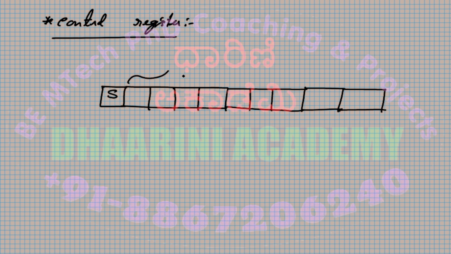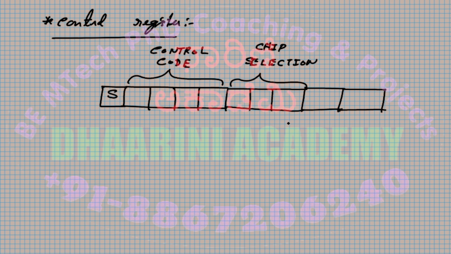The 4 bits we have here are the control code. Then the upcoming 3 bits are used for chip selection. How many chips can you actually interface? 2 to the power 3, so eight, because every chip can have a unique address, starting from 000 till 111.